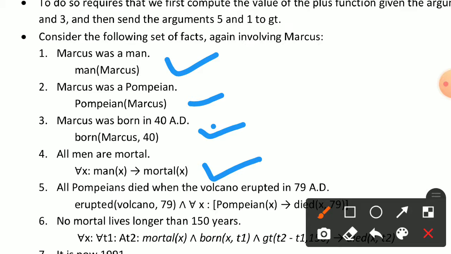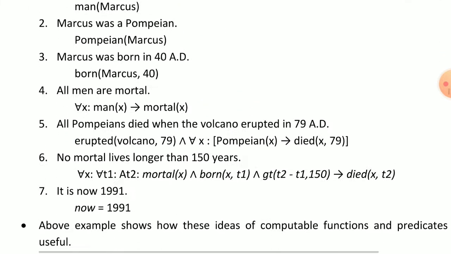So we can write these simple facts like this: erupted(volcano, 79), and here we use the and symbol, and for all x, Pompeian(x) implies died(x, 79). All Pompeians died, and Pompeian is a man and man is Marcus. So we can write this fifth sentence like this.